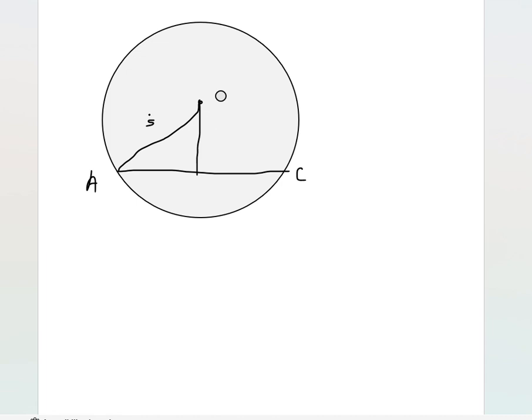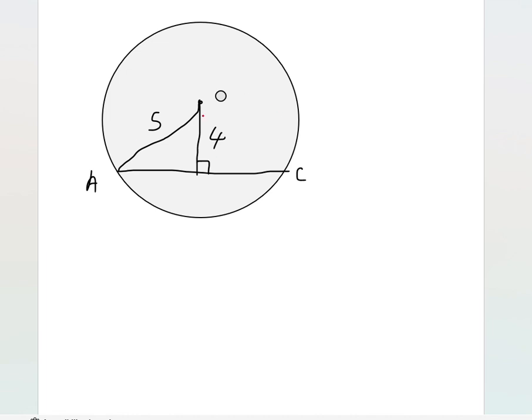If this here is 5 and here we've got 4, calculate the length of AC. So now, if this angle here is 90 degrees, calculate AC.